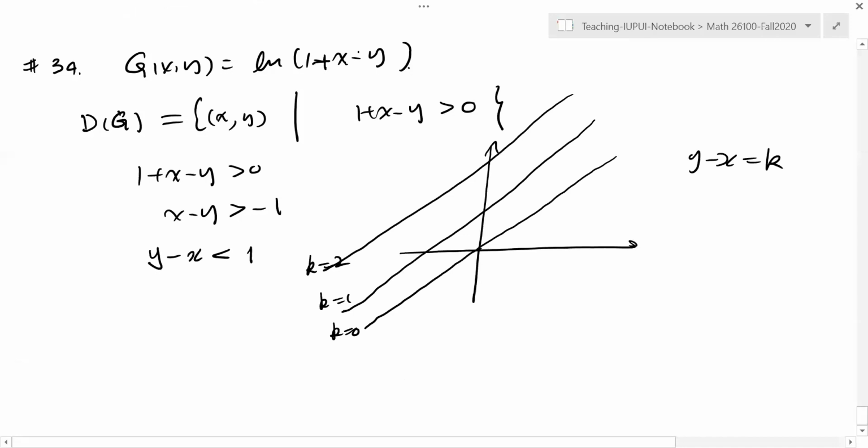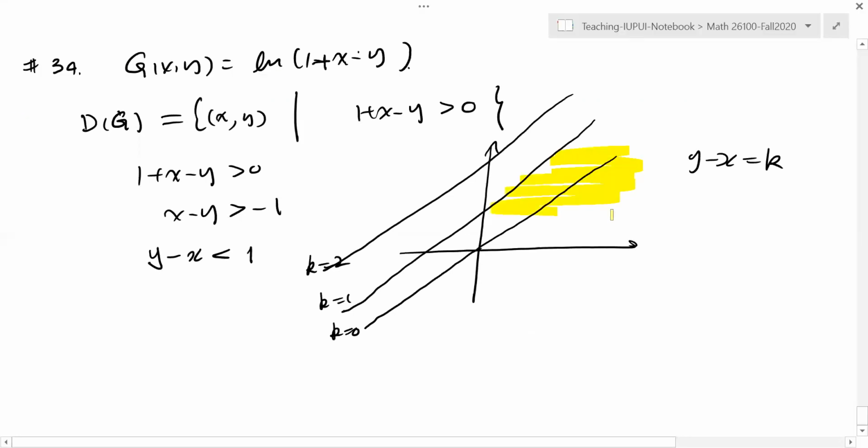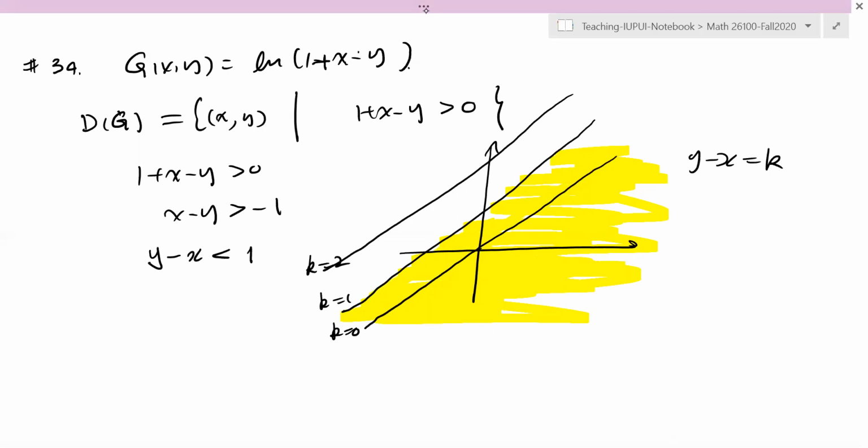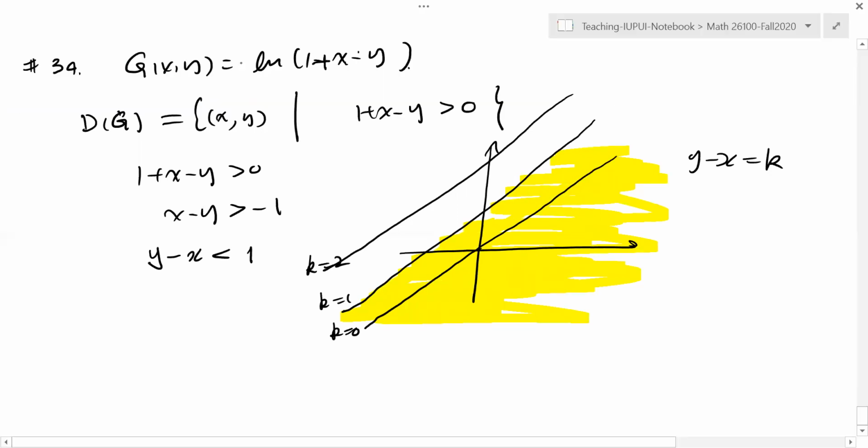So it's very clear. That's going to be the region. Using the level curves, it's much easier to understand the region. So the function is defined over that region, and that is the domain. By the fact we were told, this function is continuous on its domain.